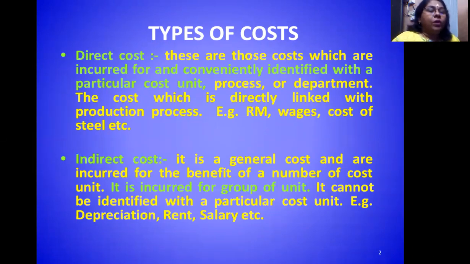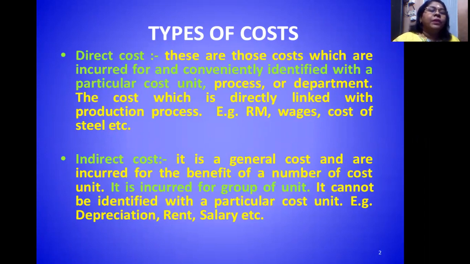What do you mean by direct costs? Let me check the explanation in this slide. These are those costs which are incurred for and conveniently identified with a particular cost unit or in the process or in the department. The cost which is directly linked with the production process.